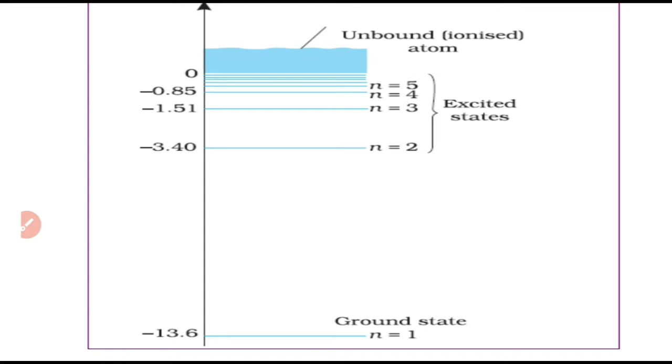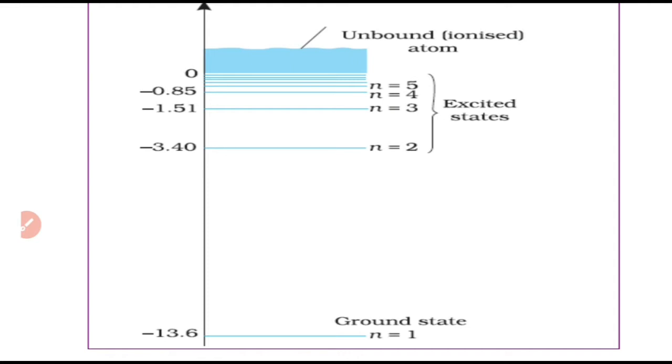So we have the ground state and excited states. n = 2 is called the first excited state. n = 3 is called the second excited state. And n = 4 is called the third excited state, like that. So we have the ground state and excited states in a hydrogen atom.